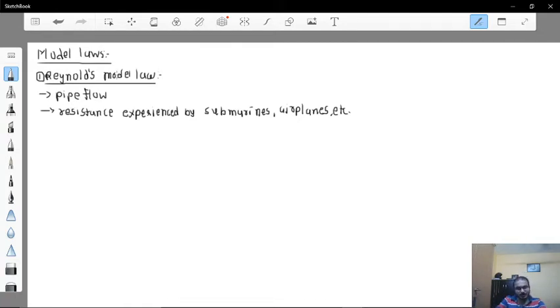So Re of model is equal to Re of prototype.